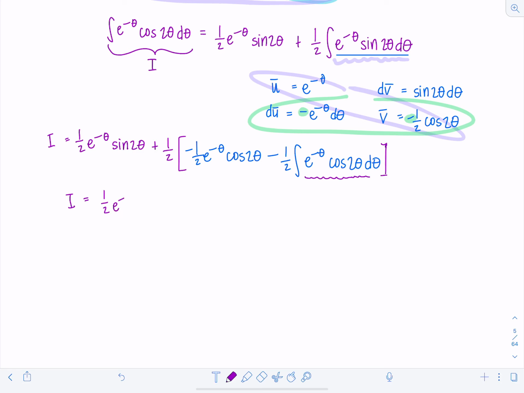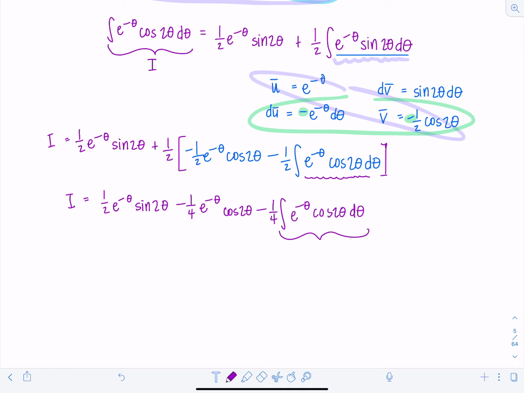So I have 1/2 e to the negative theta sine 2 theta minus 1/4 e to the negative theta cosine 2 theta minus 1/4 integral e to the negative theta cosine 2 theta d theta. And if you already recognized at this step that this was I, you could have just written minus 1/4 I.